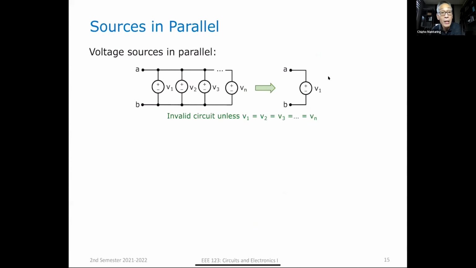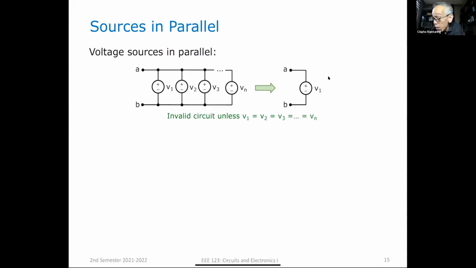What about sources in parallel? So here I have voltage sources in parallel. I can represent all of these voltage sources as a single source, provided all of these sources are equal. Why?